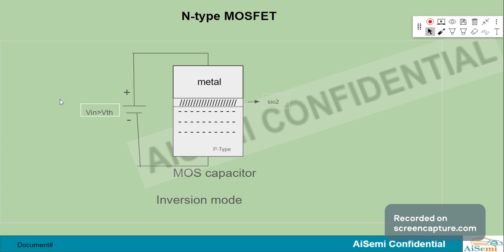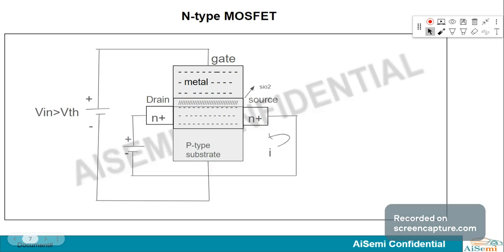I'm giving a voltage greater than the threshold voltage. Then electrons go down to the SiO2 layer. So the electrons are placed in the p-type semiconductor. This process is called inversion mode.